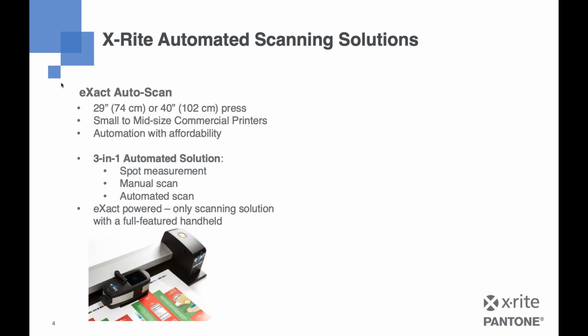With this, you get a 3-in-1 solution, which mainly means you have the full Exact handheld instrument where you can do spot measurements, but you can also do manual scanning measurements. And if you mount it on the AutoScan track, then you can do automated scanning with the same instrument. So there you have an instrument which you can use for multiple use cases.